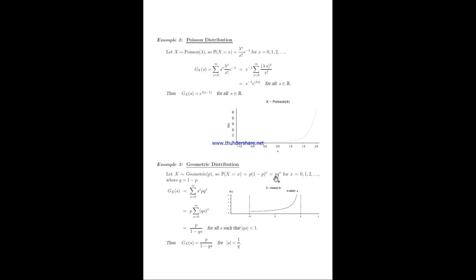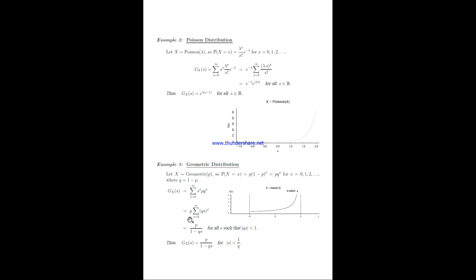Or in other words, we can write it as p q to power x, where q is equal to 1 minus p. So if you are interested in generating the probability generating function, we have to take s to power x, p into q to power x, right?